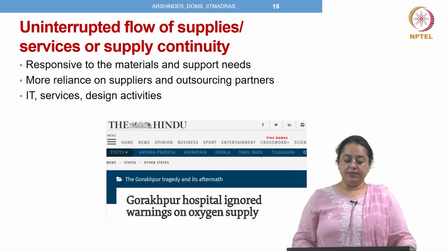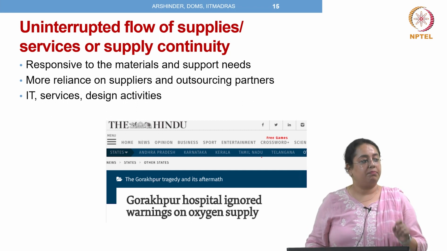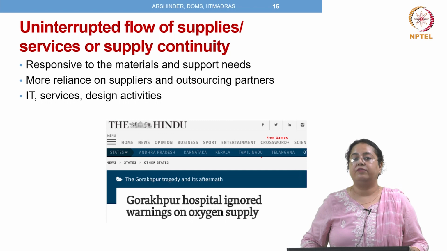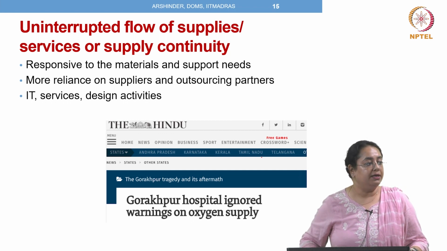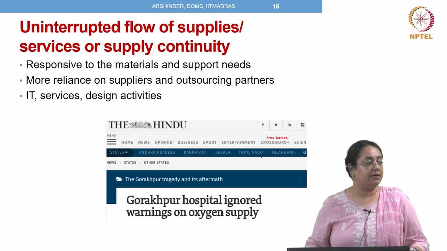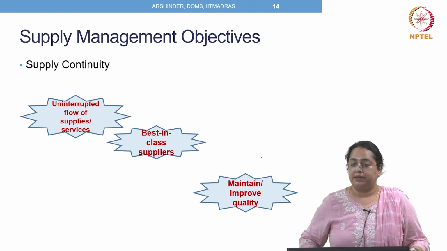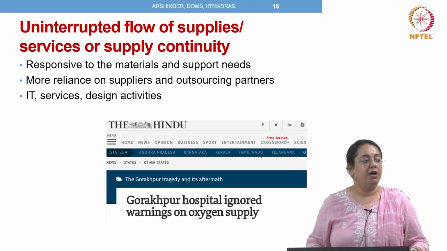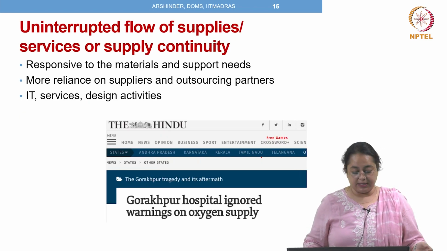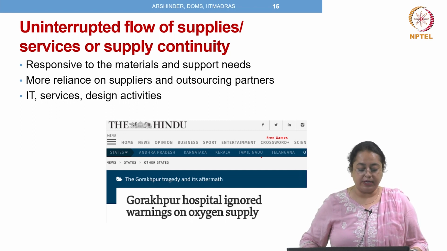We all know that if our supply is not continuous and is not uninterrupted, mostly the healthcare sector, hospitals, would be affected badly. With best in class suppliers, we will form good collaboration partners, responsive to the materials and support needs.